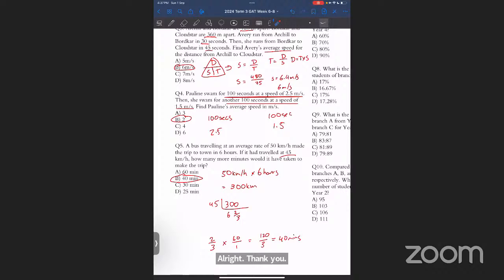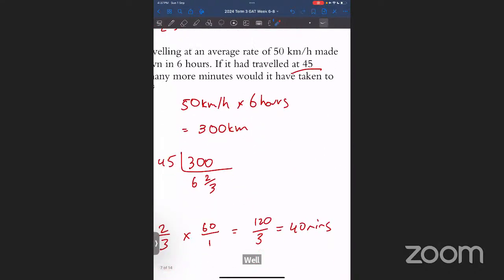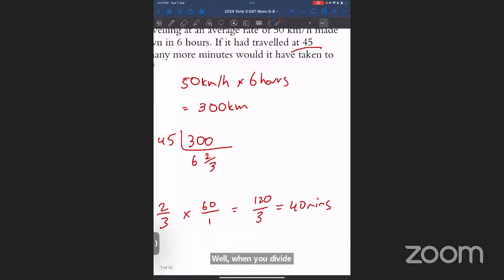Okay, why did I multiply 2/3 by 60? Well, when you divide it, Hassan, you get 6 hours and 2/3. Do you understand? Hassan, are you there? Hassan? Hello?